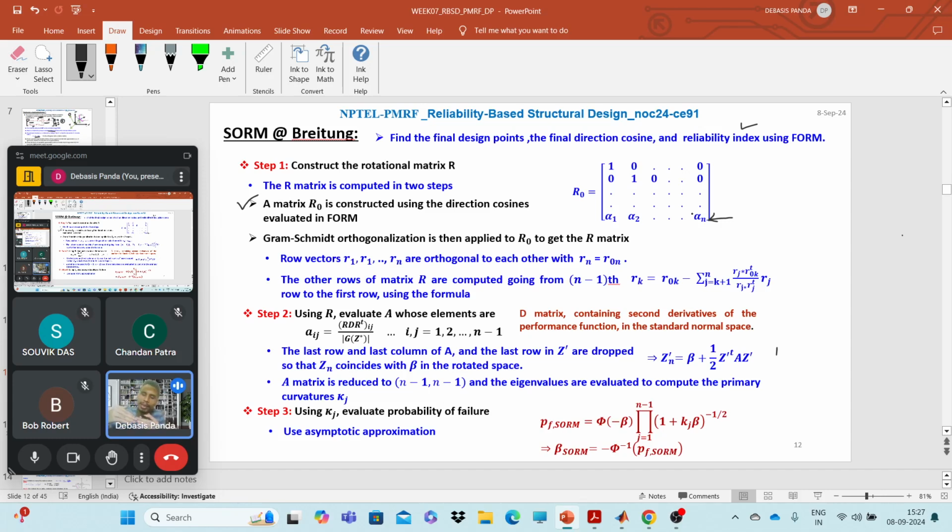So obviously the last row should contain the final direction cosines associated with the final beta. Once we have R naught, we apply the Gram-Schmidt orthogonalization to get the other rows from n minus 1 to 1 using this matrix operation.